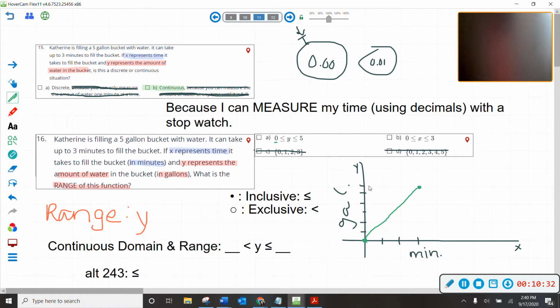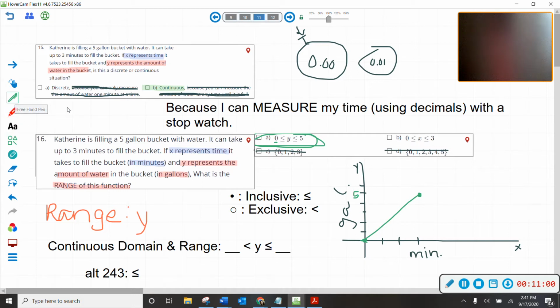This comes over to the 5, and it's again another inclusive solid dot, so I have a less than or equal to symbol. There we go. That makes sense.